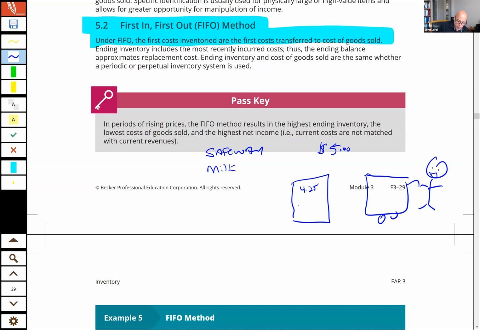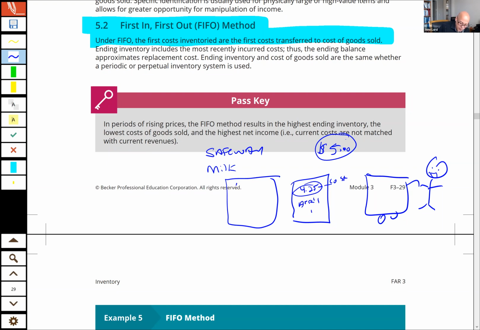And let's say they bought that milk on April 1st. And then they've got some milks over here. This is their cost, guys. They're charging you $5. Their cost, it costs Safeway $4.25 to get those milks.